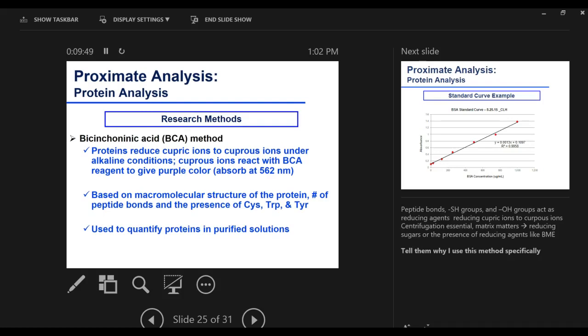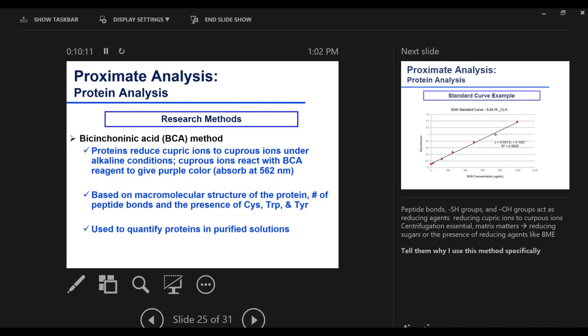Okay, so some of the research methods we use. One of the research methods we use is, I'm just going to call it the BCA method, because that's a doozy of a word to pronounce. How this works is, talking about the peptide bonds again, the amino acids that proteins have the ability to reduce.